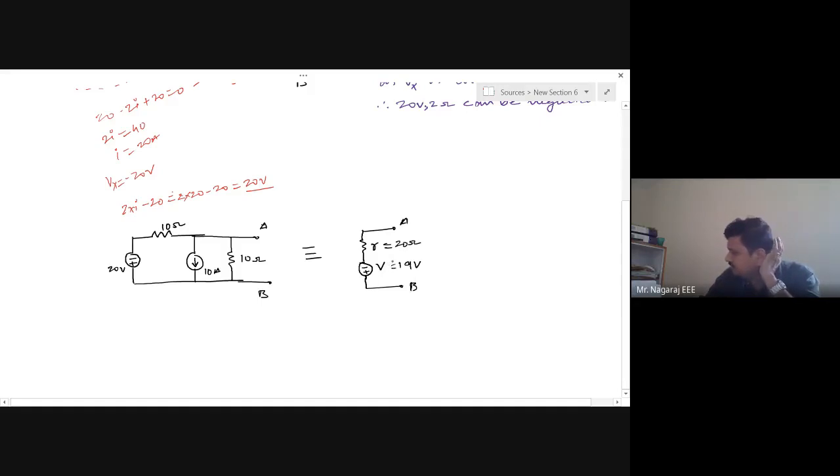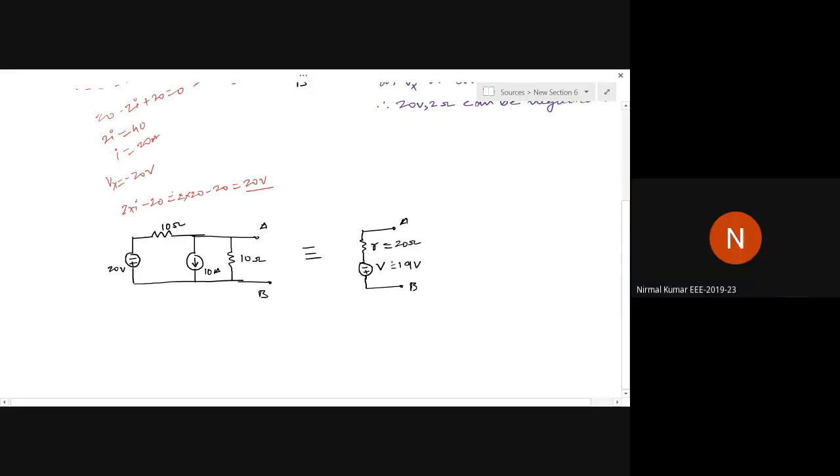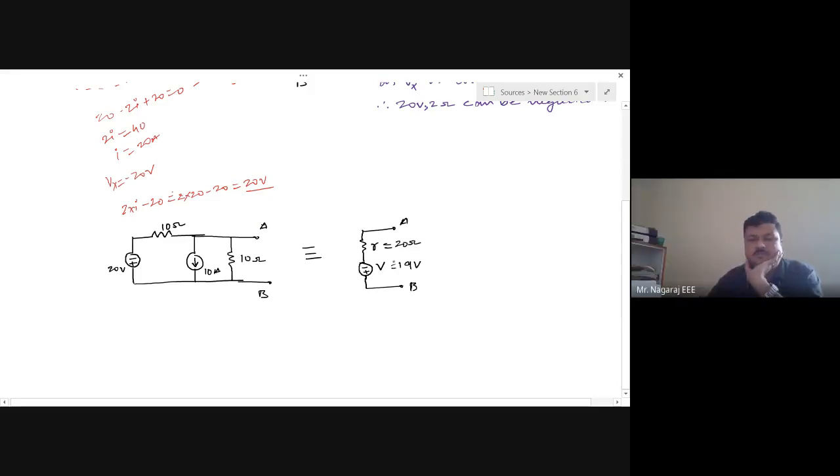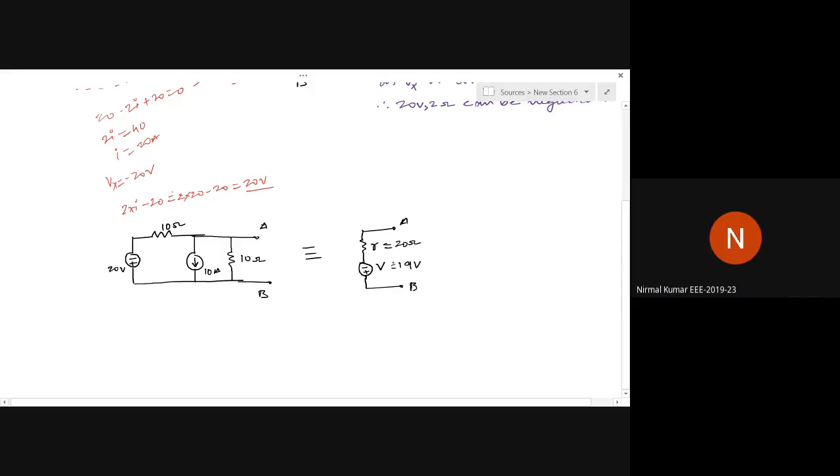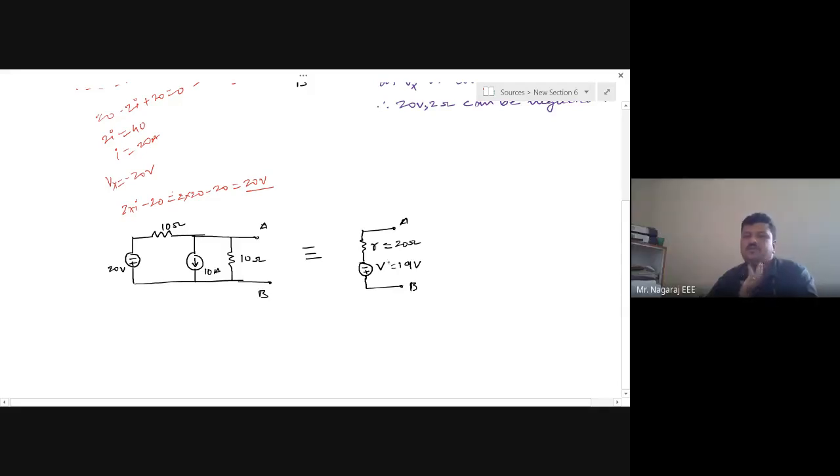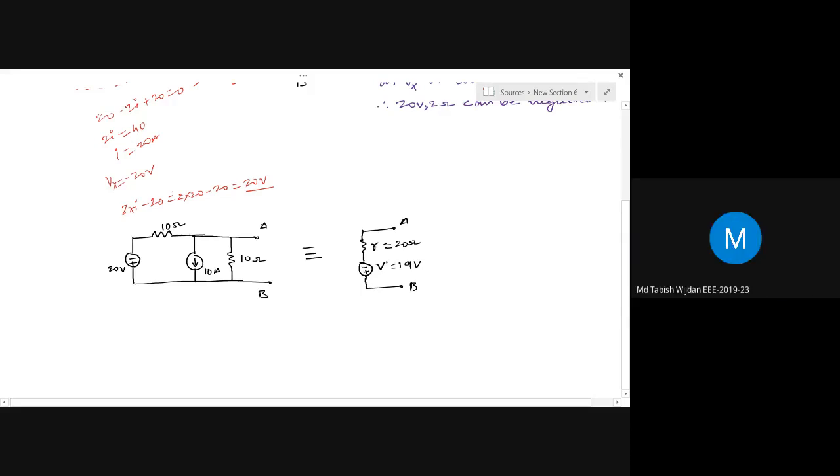Nirmal Kumar is there? Yes, sir. Are the values correct? Sir, R is getting 5.